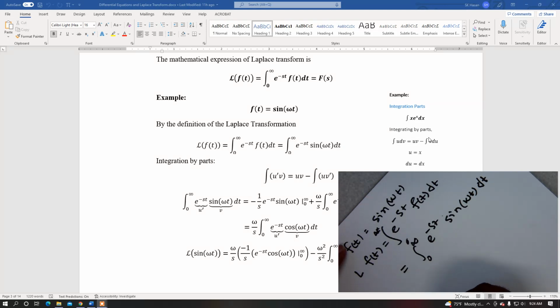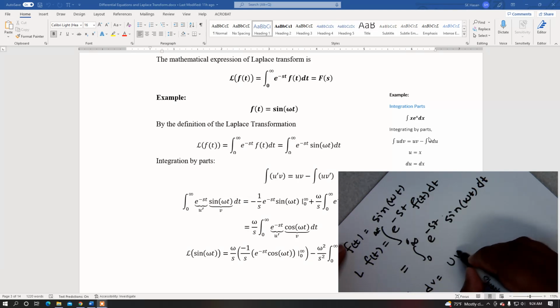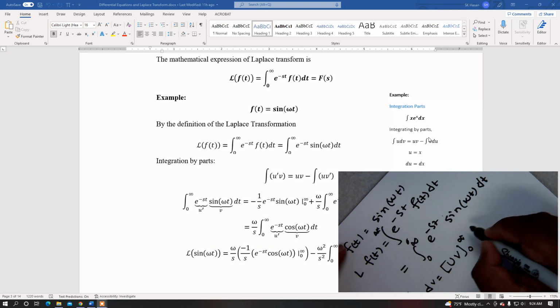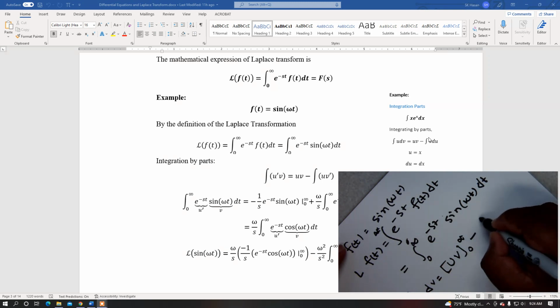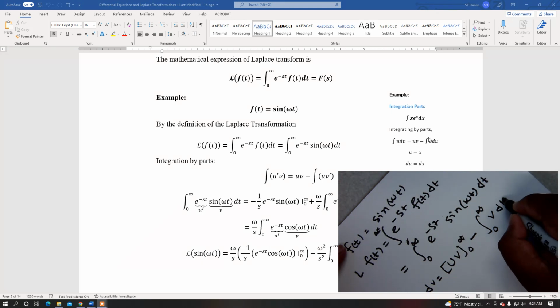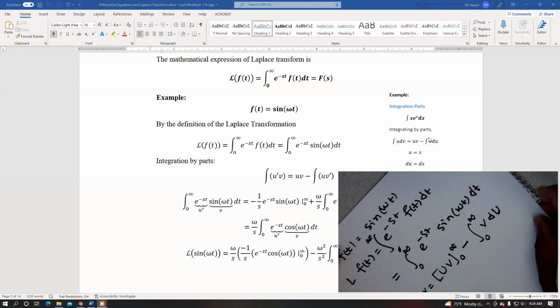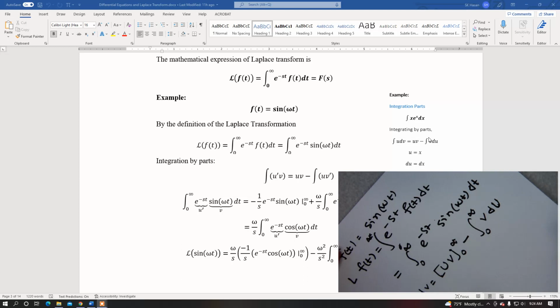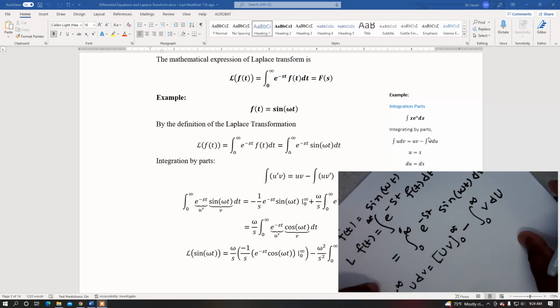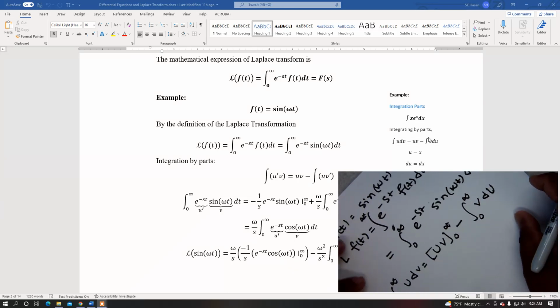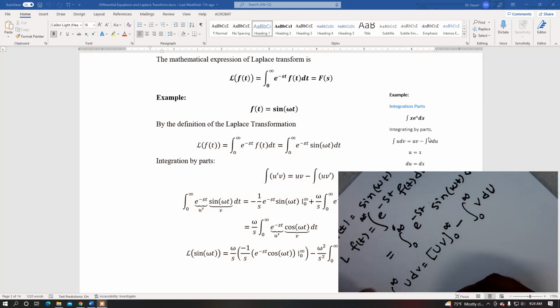The chain rule is the integral from 0 to infinity of u dv equals uv from 0 to infinity minus the integral from 0 to infinity of v du. This is the chain rule. So for this problem we first define u and v.